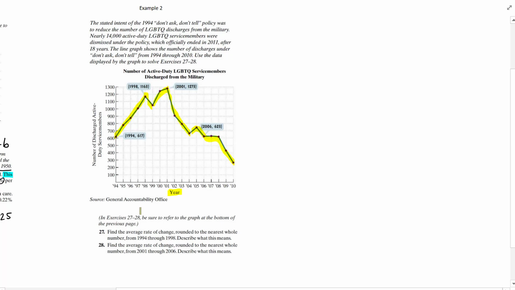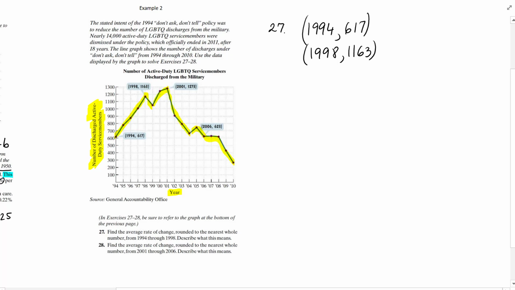So we'll read this graph. On the x-axis we have the year, and on the y-axis we have the number of discharged active duty service members. So in 27, we need to find the average rate of change rounded to the nearest whole number from 1994 through 1998. So I'm going to write in 1994 we have 617 discharges. In 1998, there were 1,163 discharges.